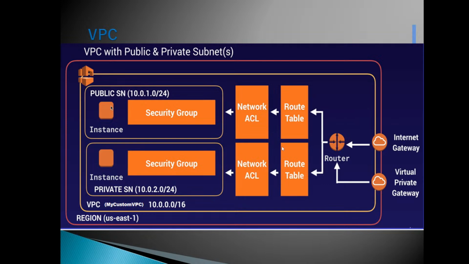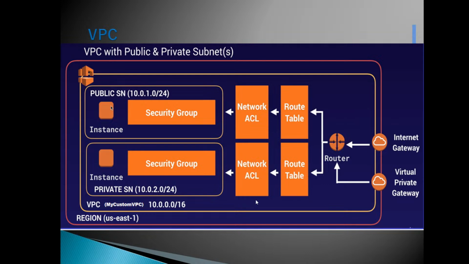So at the top, the maroon line is a region. Inside a region, there is a VPC. That's the custom VPC which we are going to create. Till now, we were using the default VPC. Now we are going to create our own VPC and configure it as per our convenience. It will have an internet gateway and route tables.